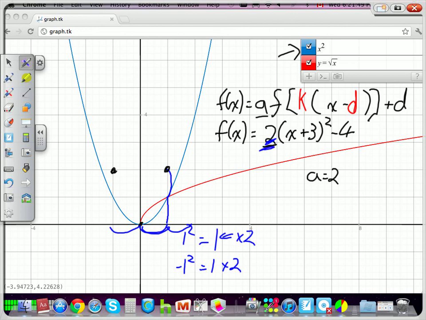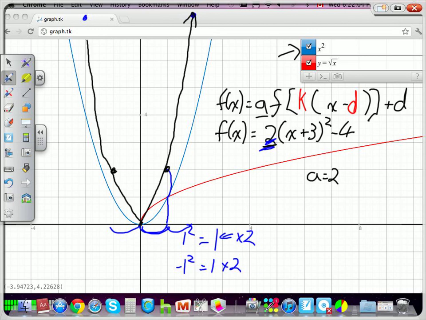With that same idea, normally we go over 2, how many do we go up? 4. But because a is 2, we multiply. Over 2 and up 8, exactly. So we got 4, 5, 6, 7. It doesn't even fit in here. It'd be something like this and like this. That's okay. So we're going to have a parabola that looks more like this. It's going to be stretched more.